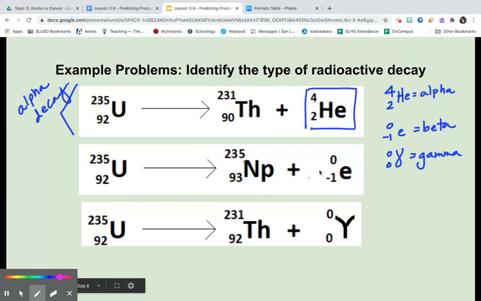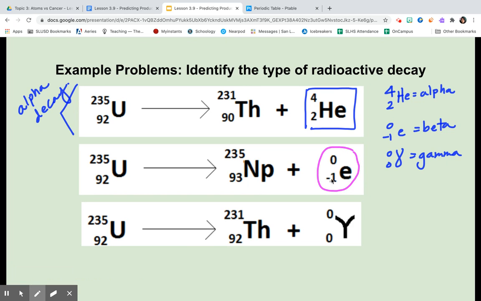Okay, for this one, you might notice that this symbol looks familiar: 0, -1, and E standing for electron. The mass is 0, and it loses one proton. So this one is beta decay. And for this third one, after the arrow, there's 0, 0, and then this weird looking V or Y symbol.